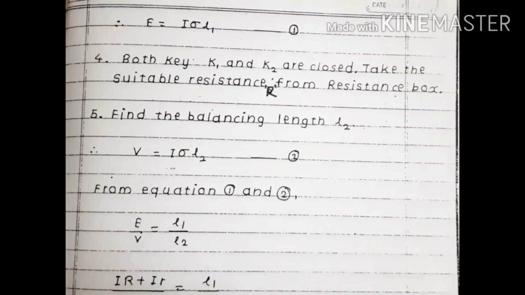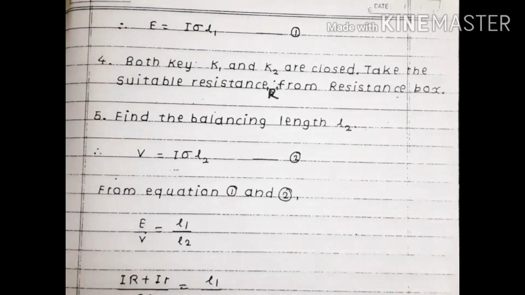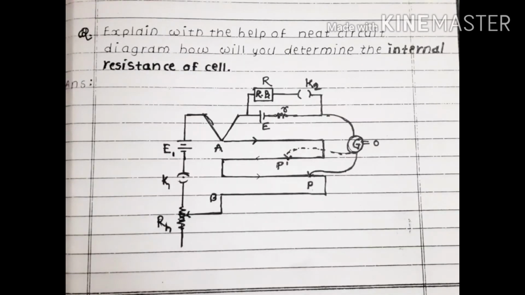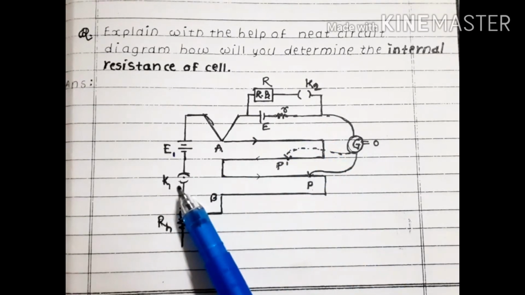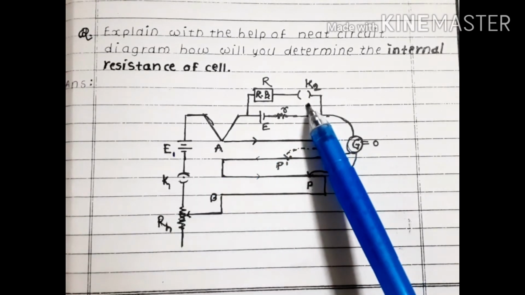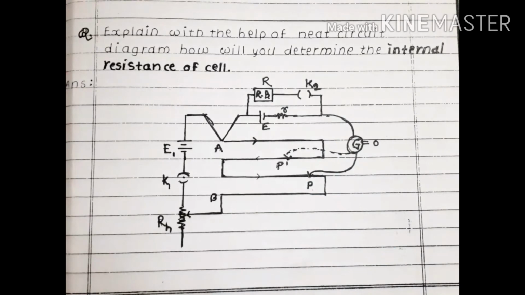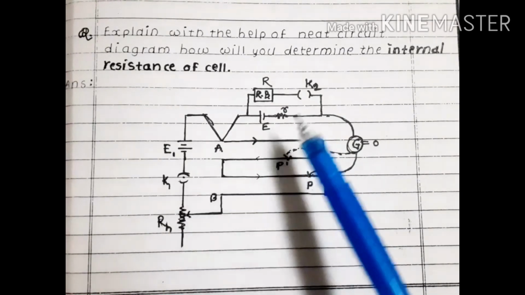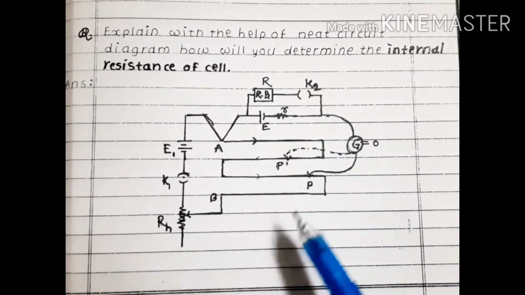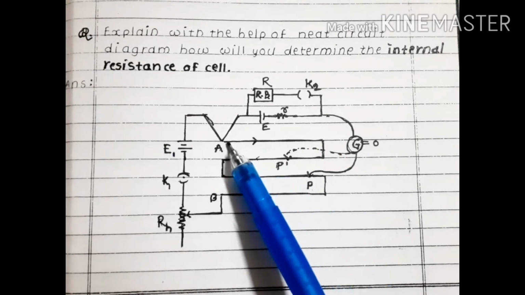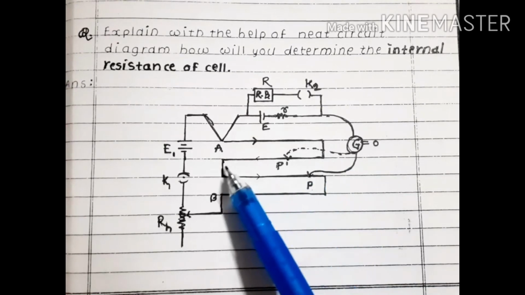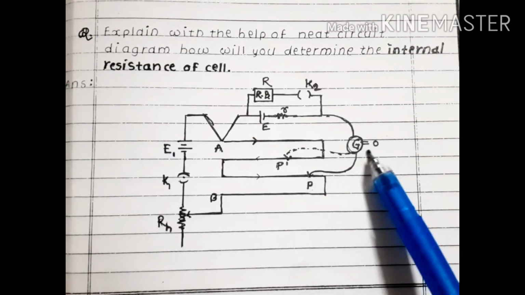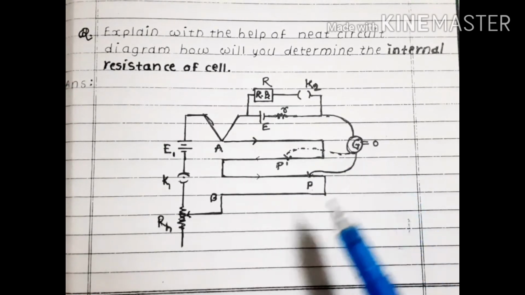Now let us see the circuit diagram once again. Now let us start the working. Here the plug key K1 is closed, K2 is open. By touching the jockey at various points on the potentiometer wire, you obtain the point P at which the galvanometer shows zero deflection.